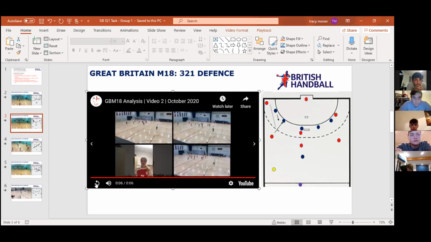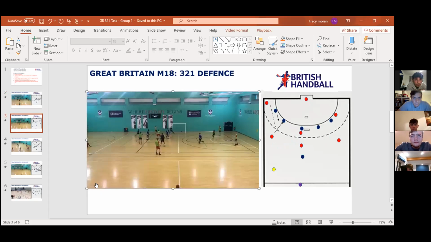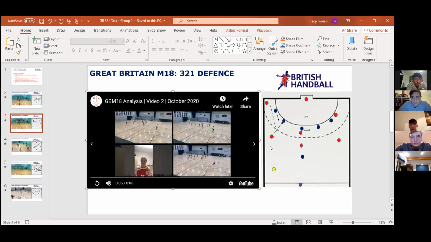So this is just a short clip, but basically, I think if you can't see, the right back makes the movement in towards here.